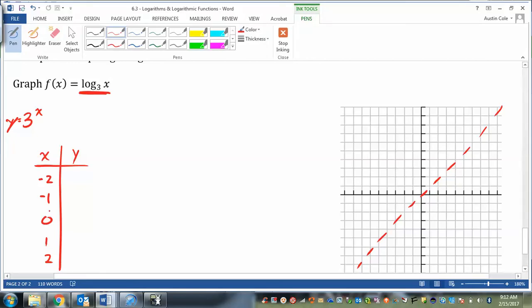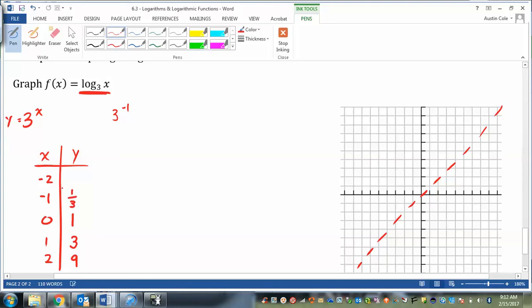Now, what's 3 to the 0 power? Thank you, 1. So that means 0, 1 is going to be on the graph. What's 3 to the first power? 3. 3 to the second power? 9. Now, 3 to the negative first power. 1/3, right?